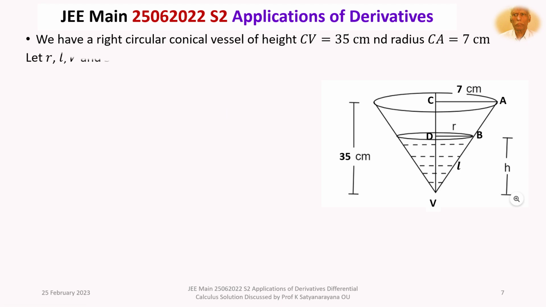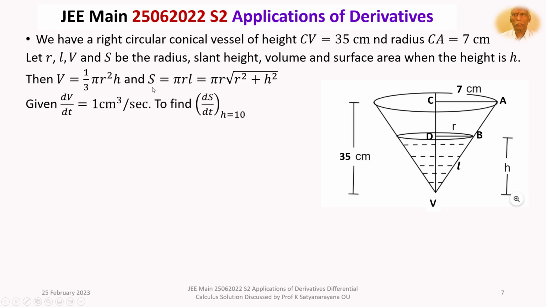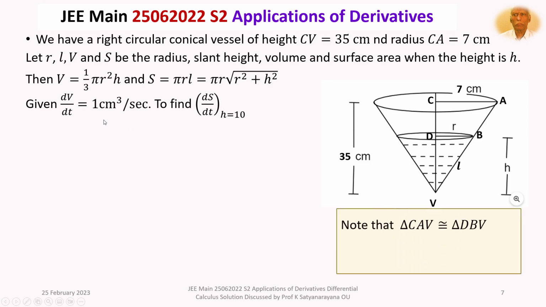So we have V is 1/3 pi r square h, S is pi r under the square root of r square plus h square. We are given dV by dt is 1 centimeter cube per second, and to find dS by dt, the relationship between r and h is to be found. Now, in this diagram, triangle CAV is similar to triangle DBV.